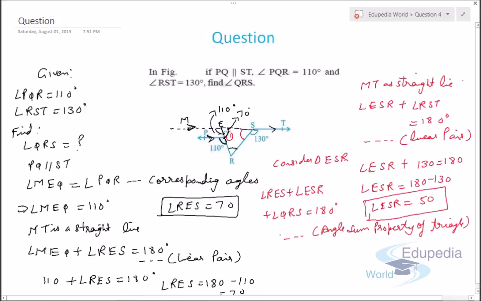So we have RES as 70, so 70 plus ESR as 50 plus angle QRS equals 180. So we get 120 plus angle QRS equals 180. So angle QRS equals 180 minus 120, so angle QRS equals 60 degrees. So this is how we can find the value of angle QRS, and this is how we can solve these types of questions.